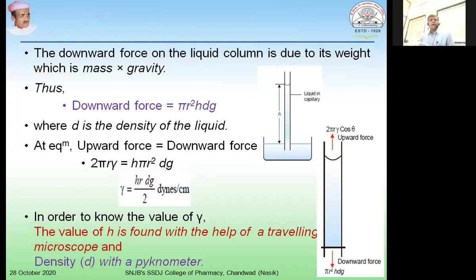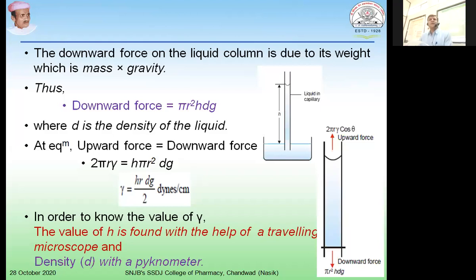At equilibrium, when the liquid has risen up to a certain height h, you find that the liquid is not rising into the capillary tube above this height. Here you have reached an equilibrium. So at equilibrium, the upward force becomes equal to the downward force. Putting the values into the equation, we get 2 pi r gamma equal to pi r square h d g.